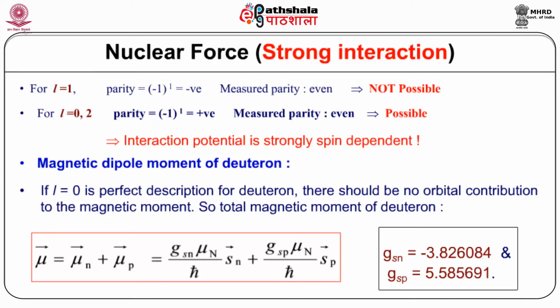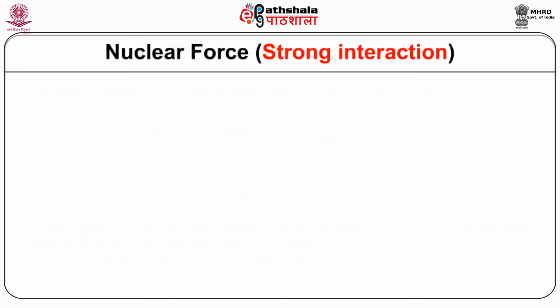The expression is given here, where g_sn = -3.826084 and g_sp = 5.585691. These are the free neutron and proton g factors. Nuclear force, strong interaction. We are continuing with our discussion about the neutron.